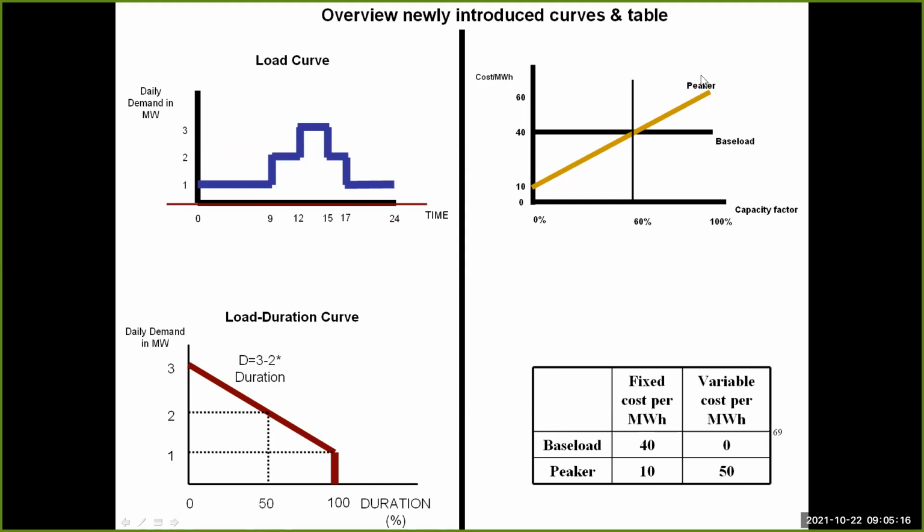This would be the supply side. We have here something called screening curves to look at what is the lowest cost possibility. And this, we don't actually have a name for it. I call it technology cost table. It basically summarizes the fixed cost and the variable cost. Okay, any questions about this?